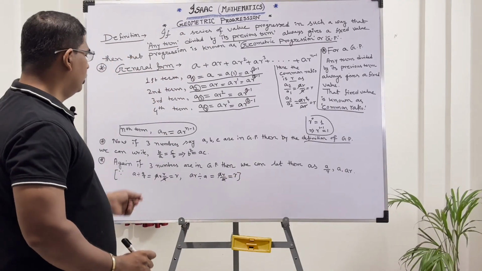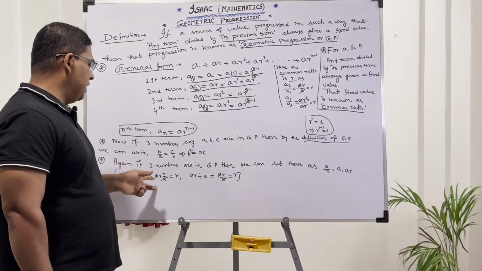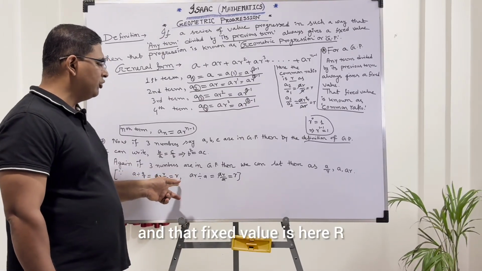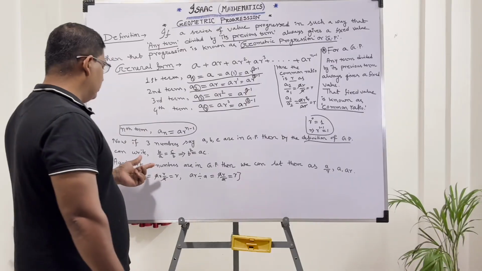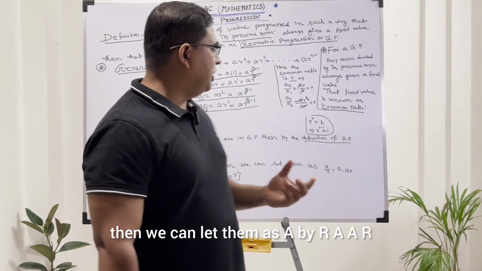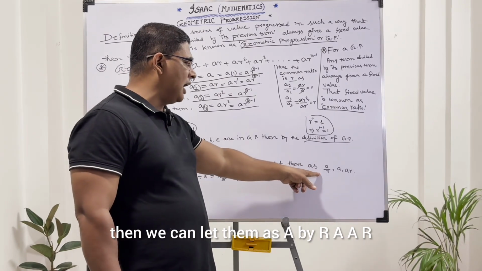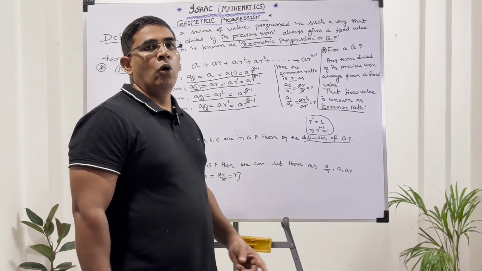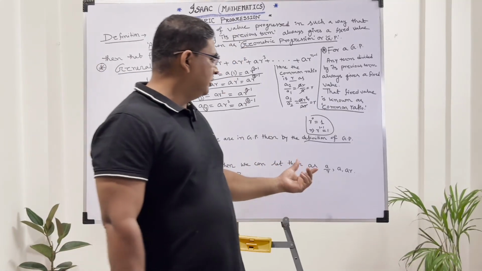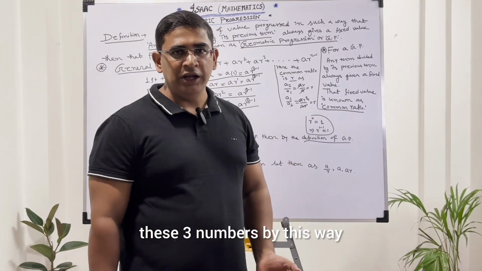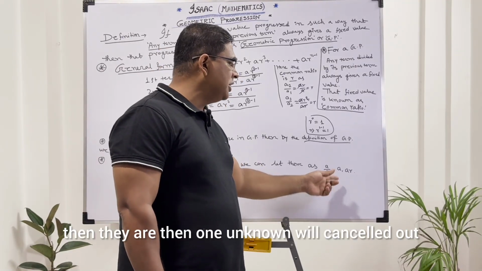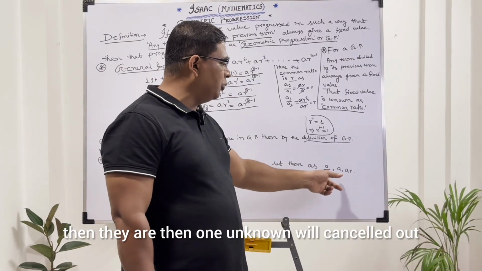So any term divided by its previous term always gives a fixed value, and that fixed value here is R. That is why if three numbers are in GP, then we can let them be A by R, A, AR. What is the advantage of letting these three numbers this way? Because when we multiply these three numbers, one unknown will cancel out.